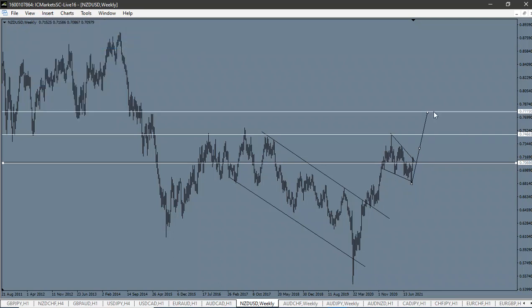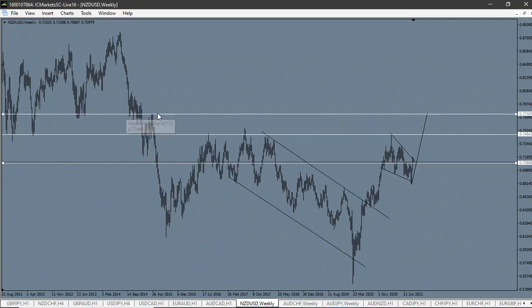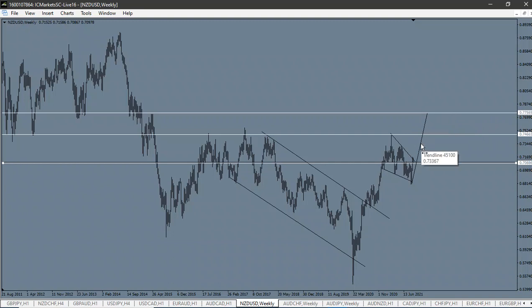That's where we're expecting our second target and our final target, which also coincides with this level right here. It shows that it's been a significant level in the past. It's been respected quite a few times, so we're expecting it to respect it again right here.